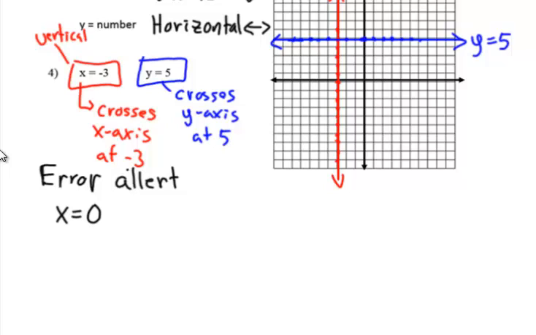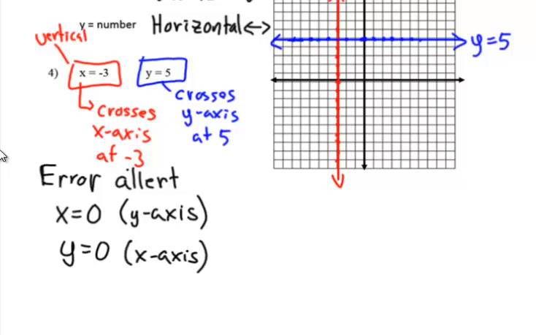Now what did we just say? X equals 0 is a vertical line, but this is called the y-axis. Conversely, when y equals 0, what did we just say y is? A horizontal. X equals vertical, y equals horizontal. That is the x-axis. So we want to be careful for those.